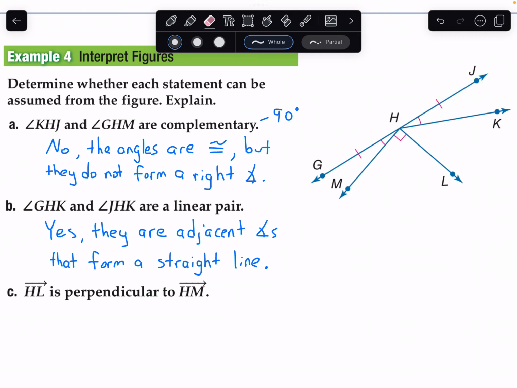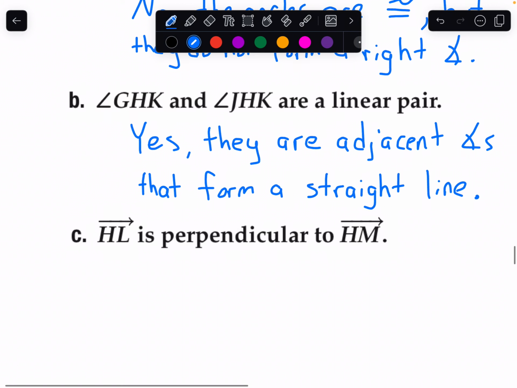How about ray HL? Reset the highlights there. Ray HL is perpendicular to ray HM. You see, there's a little 90-degree angle in the corner. So yes, they are perpendicular.